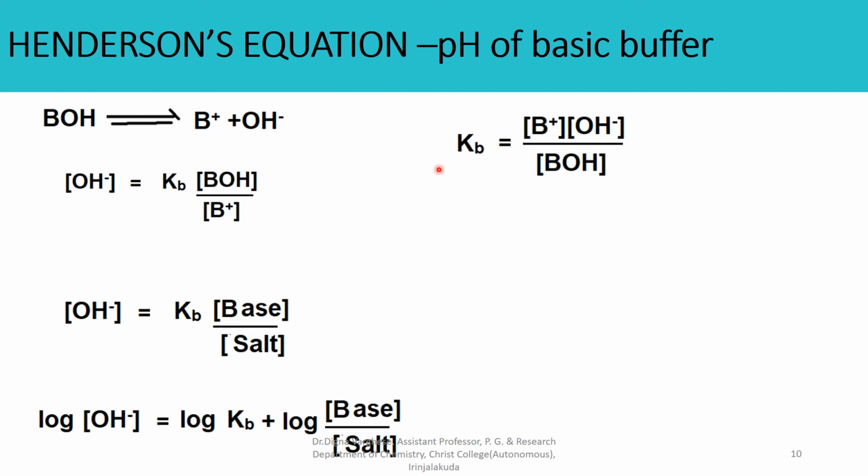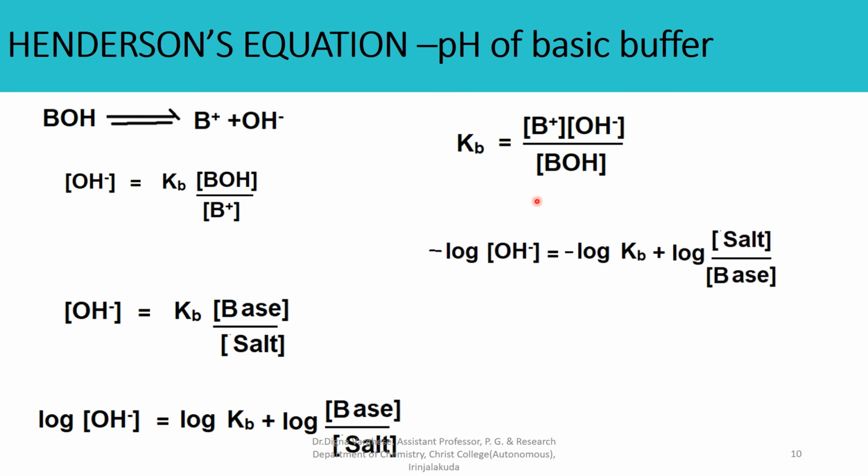The ionization constant Kb is equal to concentration of B+ into concentration of OH- divided by concentration of base. That is, minus log OH- is equal to minus log Kb plus log salt by base.